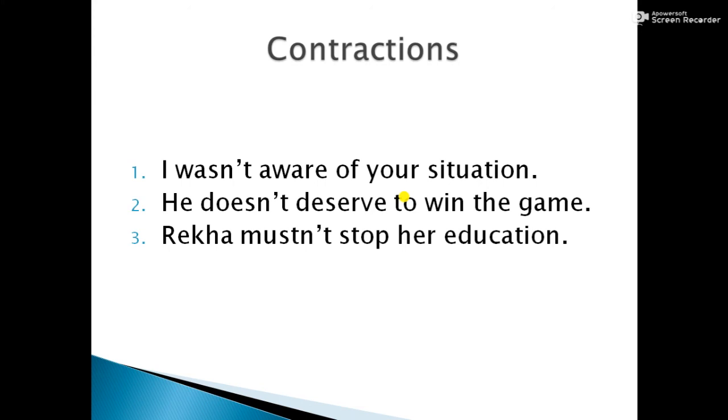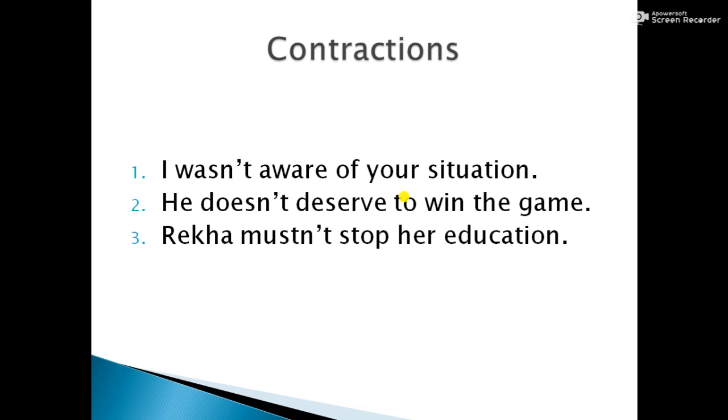So friends, I hope that you have understood how to form negative sentences out of positive sentences. You must have understood how to do this when there are helping verbs. That is an easy thing.